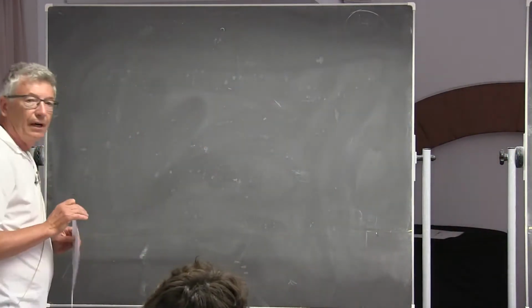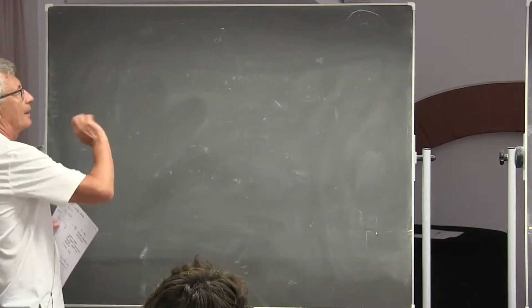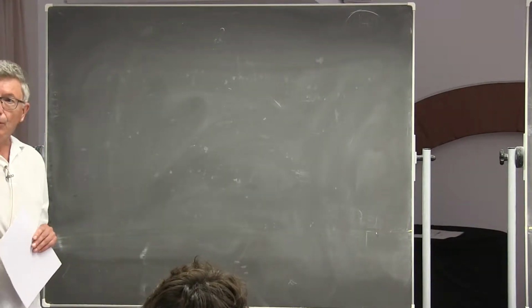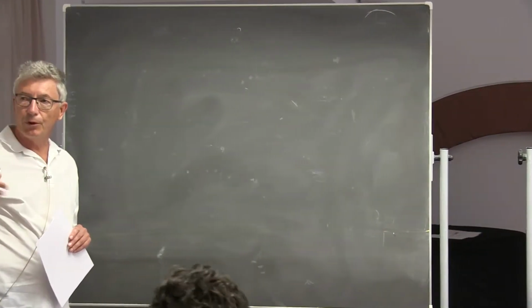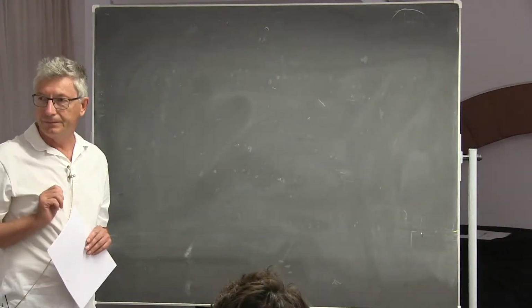So I will explain what I mean by going from one vacuum to another. Let's solve the following problem. We have fermions in our theory, and so we can look at fermionic energy levels in different background fields. Okay.